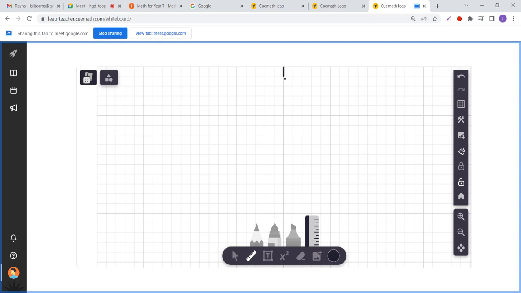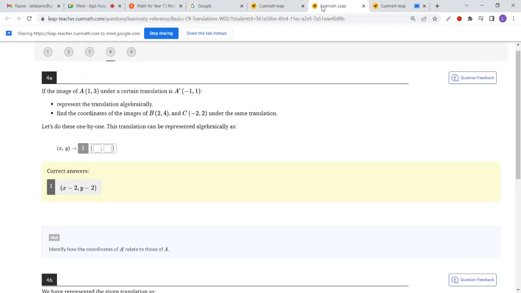Okay, now what I do is I just draw the four coordinates over here. This is 1, 2, 3. So the coordinates for A is what? What is given to us? A is 1 and 3, right? Yes.